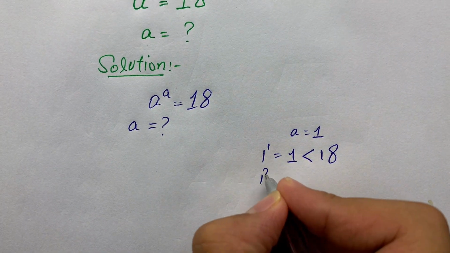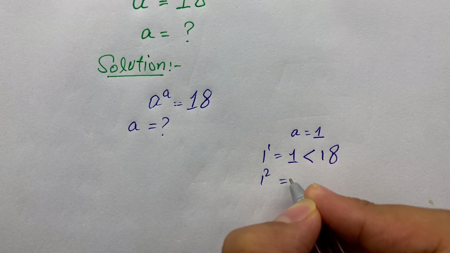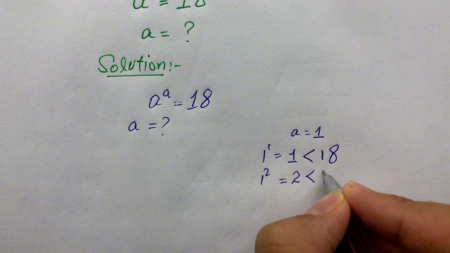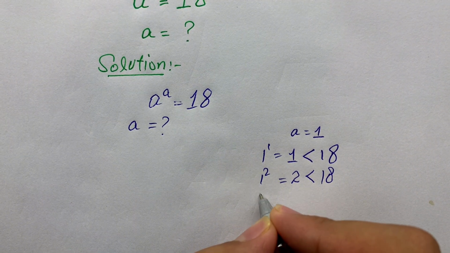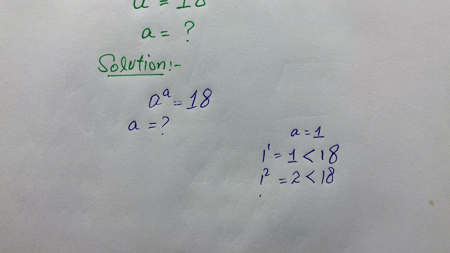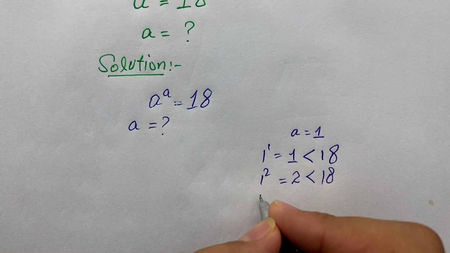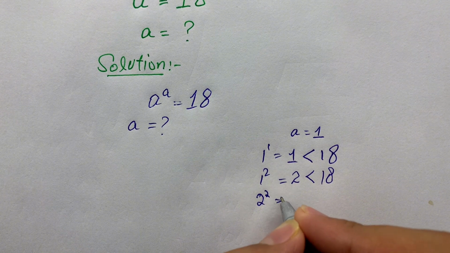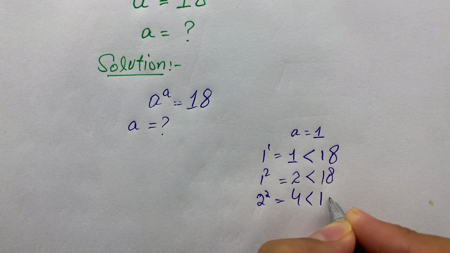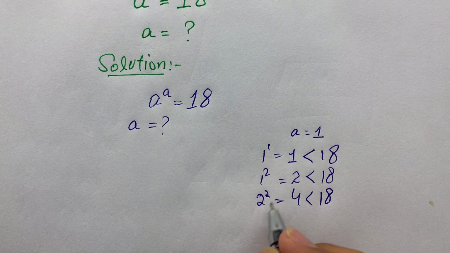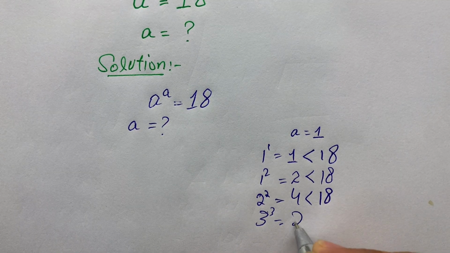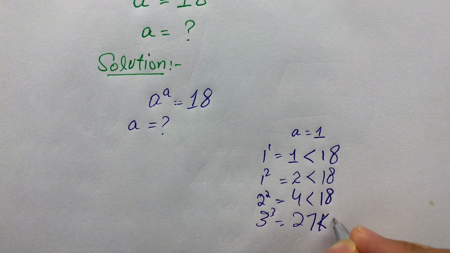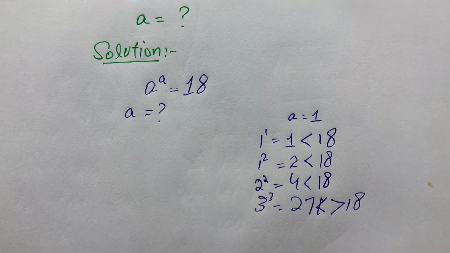If a is equal to 2, then 2 to the power 2 is equal to 4, that is less than 18. 3 to the power 3 is equal to 27, that is greater than 18.